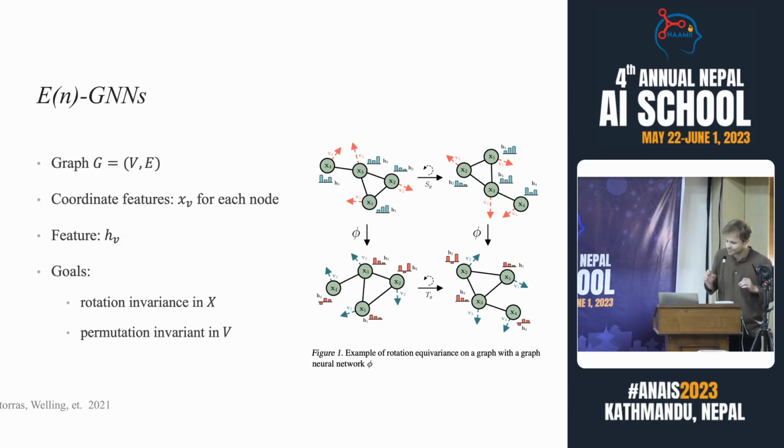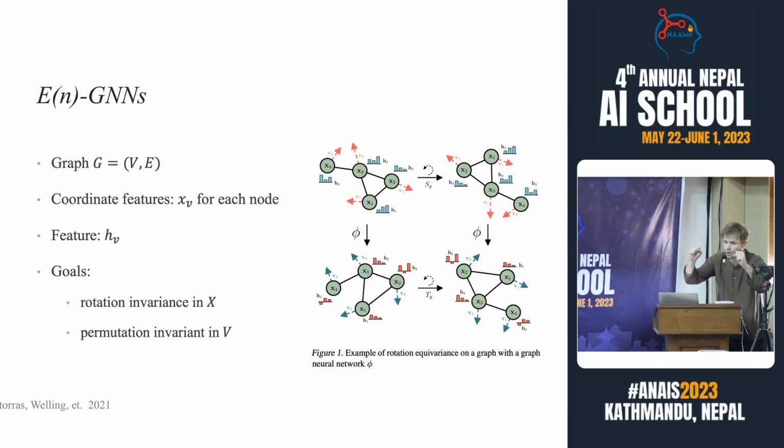But the symmetry group that we're interested in, so this is a GNN. We're processing graphs, so there will be the permutation side of things. But at the same time, we want to include rotation and translation symmetries. So the use case is this. You have, for example, particles moving around in space, right? They each have coordinates, okay?